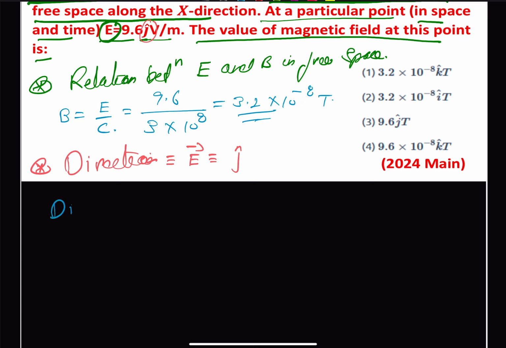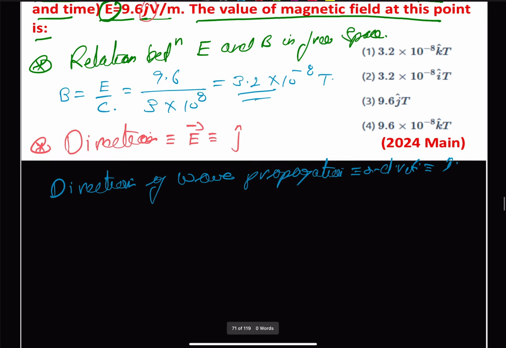So we can say direction of wave propagation is x direction, or simply the i unit vector.